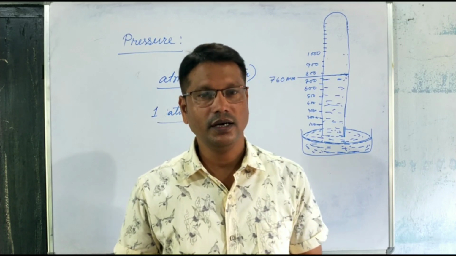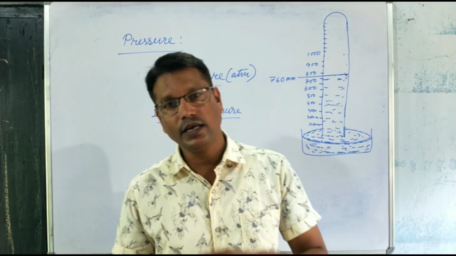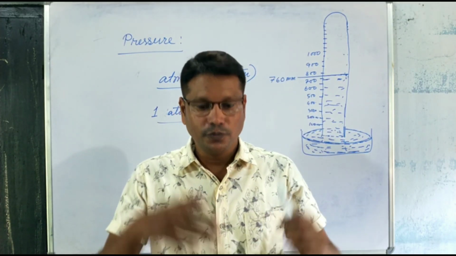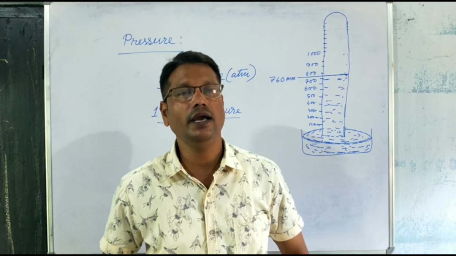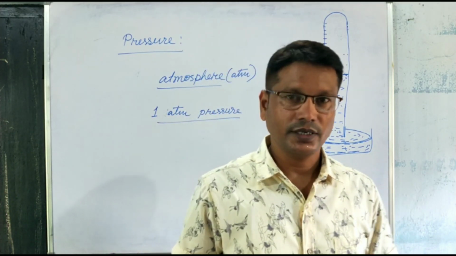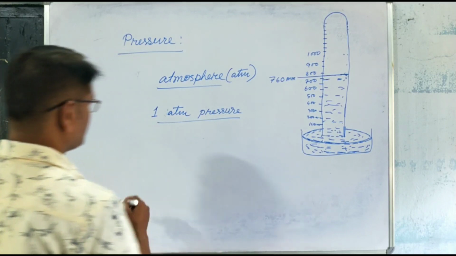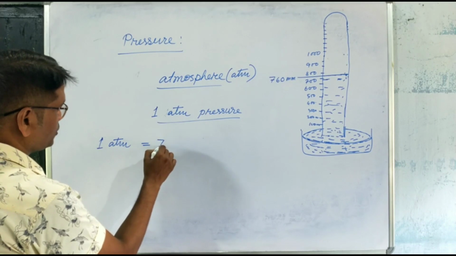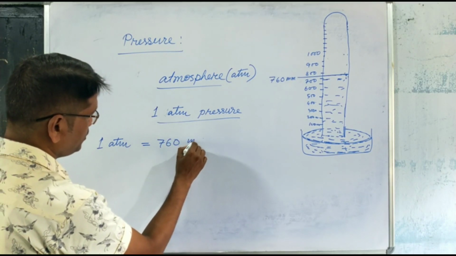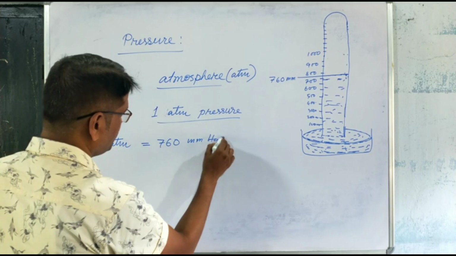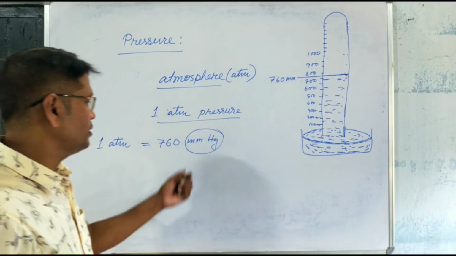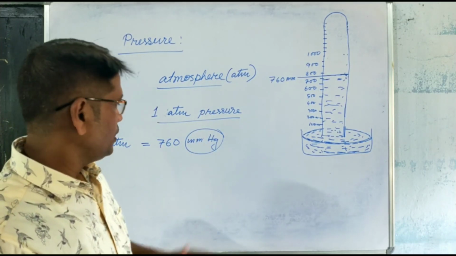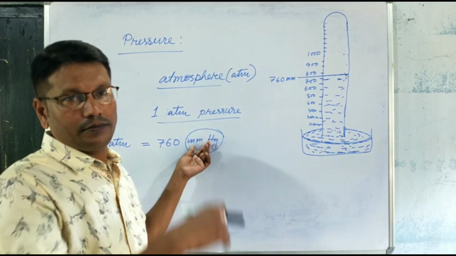That means 1 atm is equal to 760 millimeter Hg. This is also another unit of pressure. It is called millimeter of Hg.